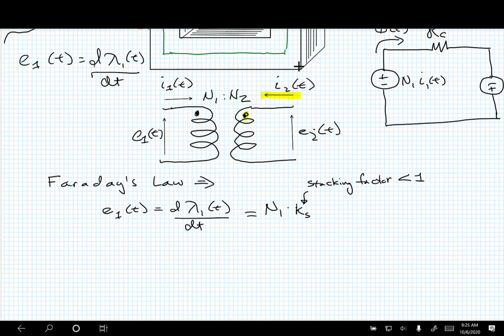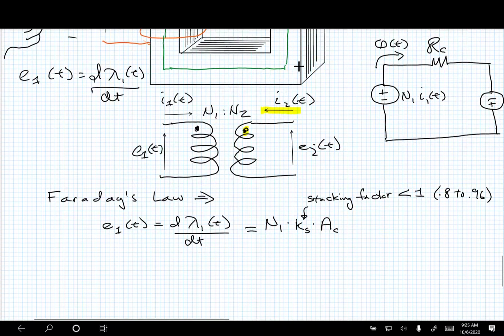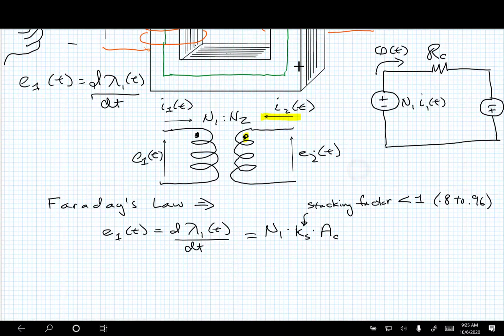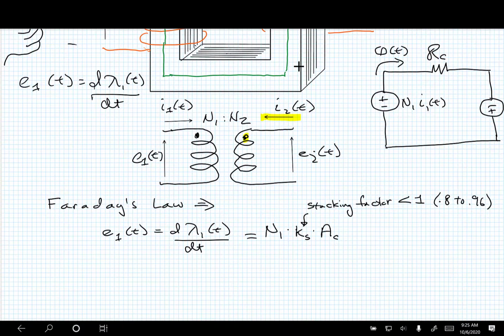It's probably somewhere between 0.8 to 0.96 depending on the thickness of the laminations, times the physical area of the core, times the derivative of the flux density in the core.